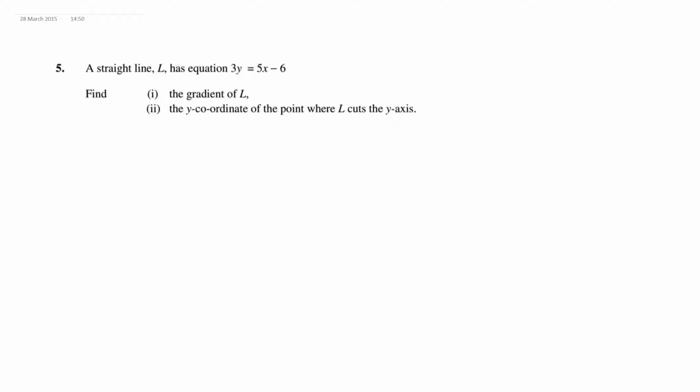Anyway, so have a go. Read it through. 3y equals 5x minus 6. Find the gradient of L. So you just have to rearrange it, right? Cool. So y equals 5 over 3 x minus 2.